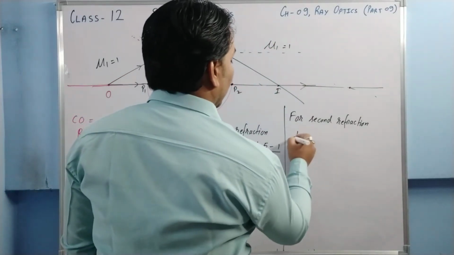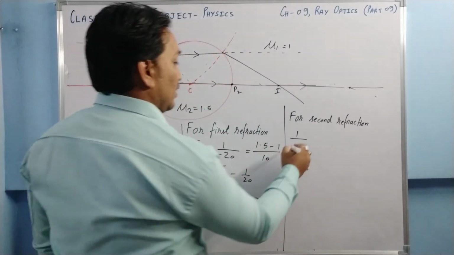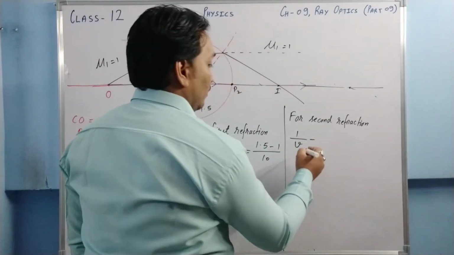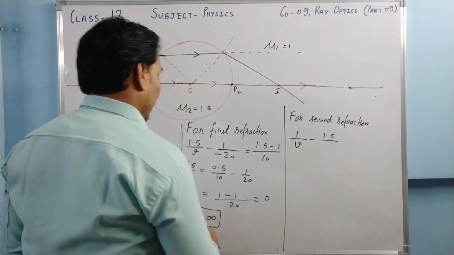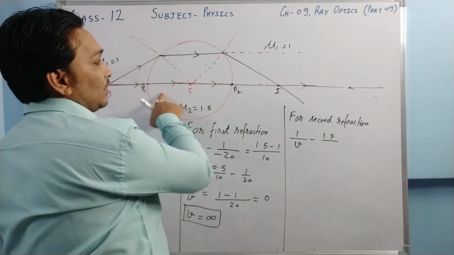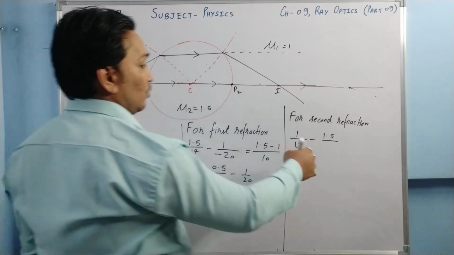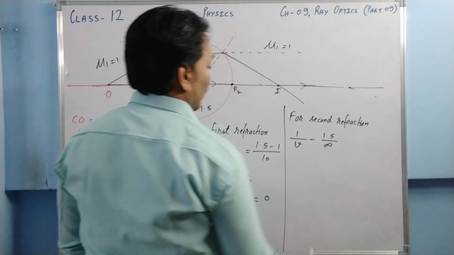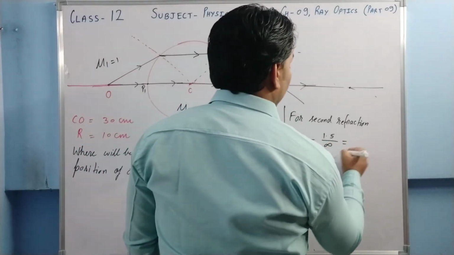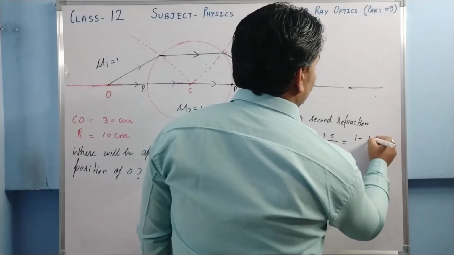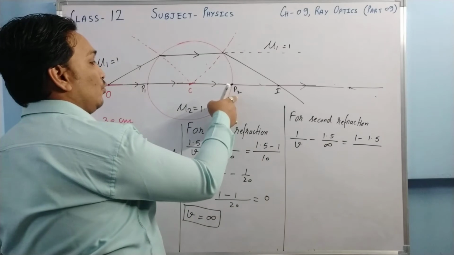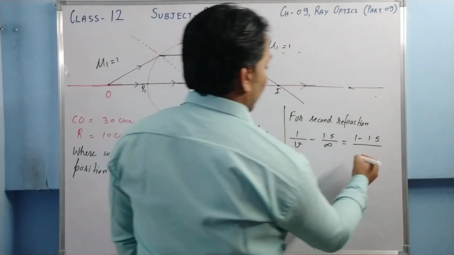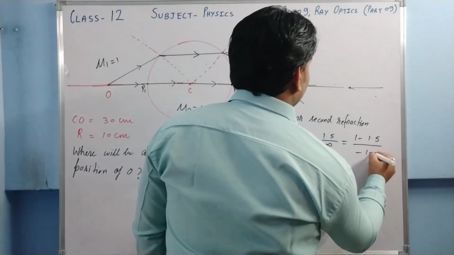So basically 1 upon image distance minus refractive index of first medium upon object distance. Since the image formed by this surface is at infinity, the object distance is going to be infinite, is equal to refractive index of second medium minus refractive index of first medium upon radius of curvature. Radius of curvature P2C is negative, so it will be minus 10.